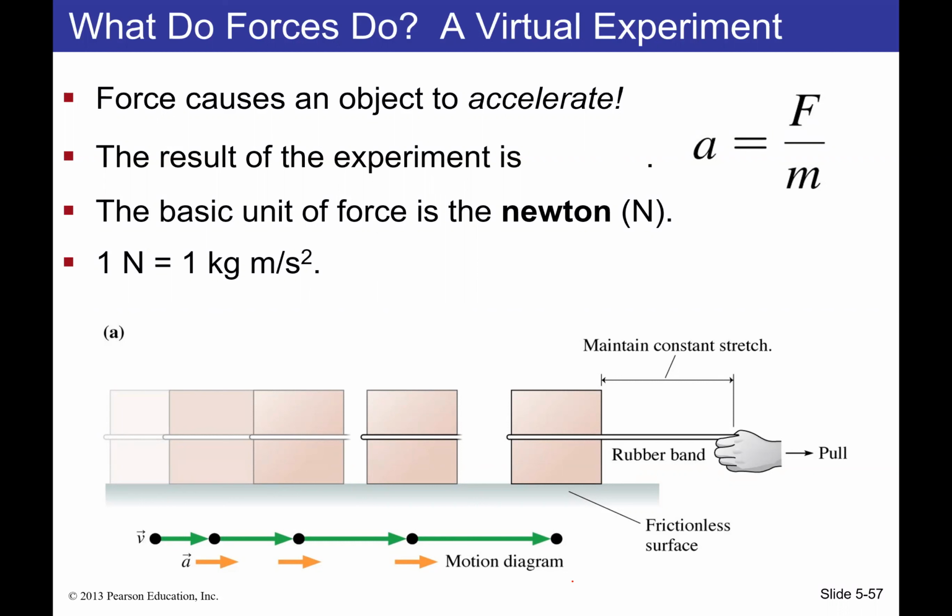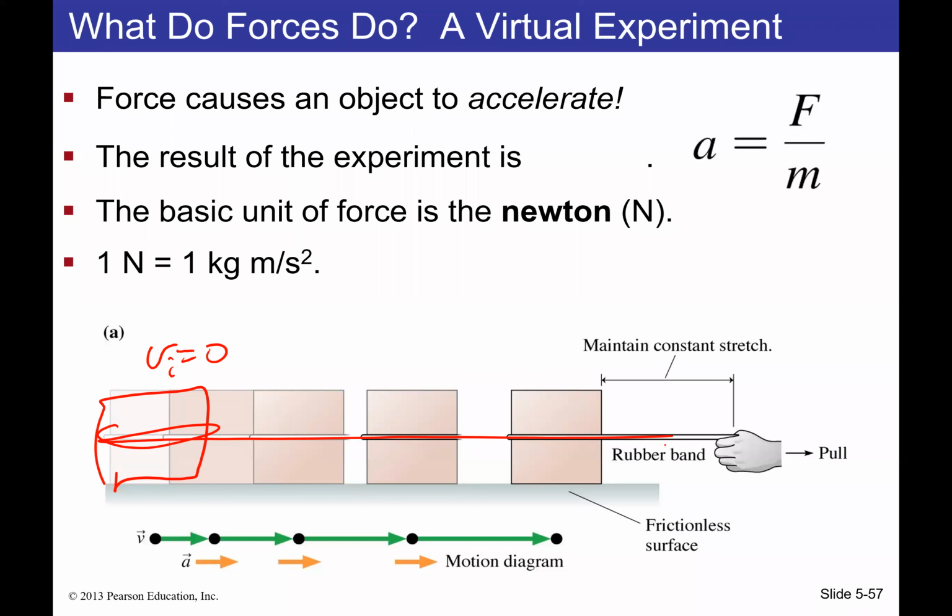So if you have a box sitting at rest, the only reason for it to start changing its motion is pushing or pulling. That's why we have the rubber band. As you pull, you exert force, and force makes the object accelerate, which means it's going to change its velocity.